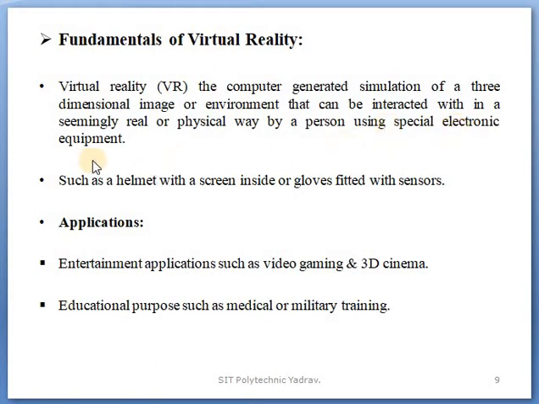It is a type of electronic device or equipment using which you see a three-dimensional image or environment that you can interact with in a real or physical way. You feel that it is real, though it is actually created. Using this type of equipment, known as electronic equipment, is virtual reality.